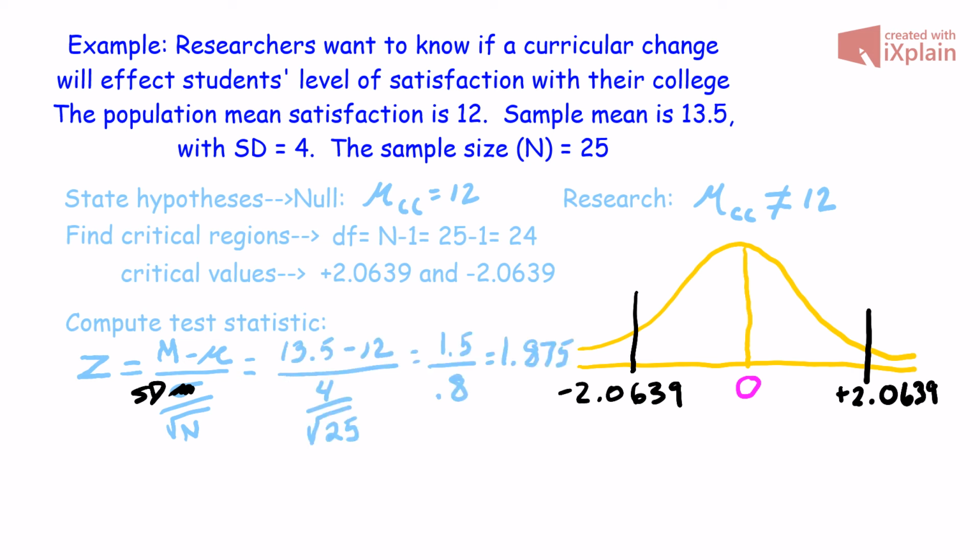And when we put those in, we compute 1.875 as the obtained T. That's a T, not a Z. And we locate that on the curve. It is not in the critical region, so we are not going to reject the null.